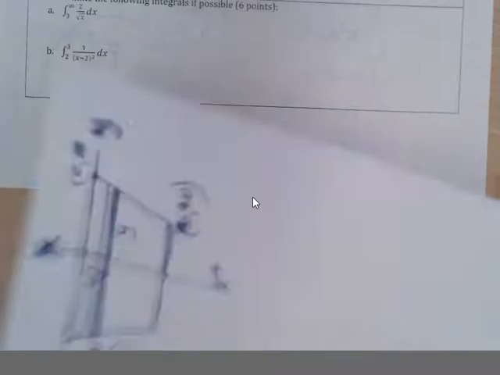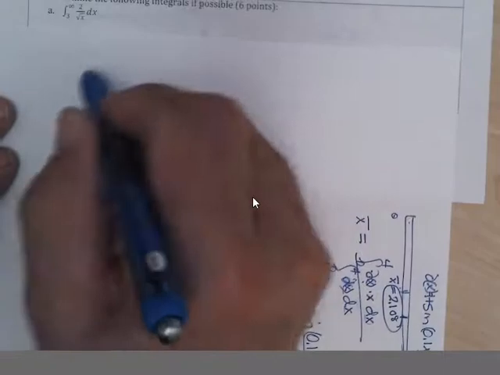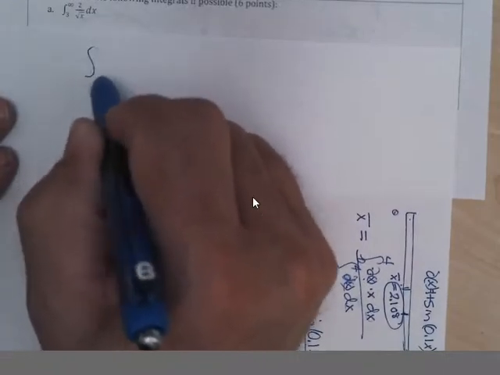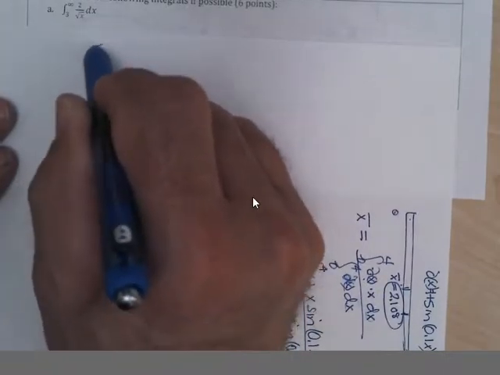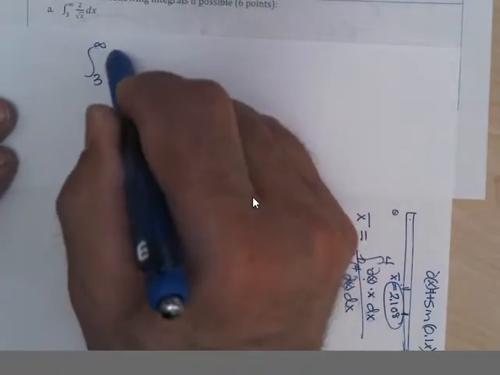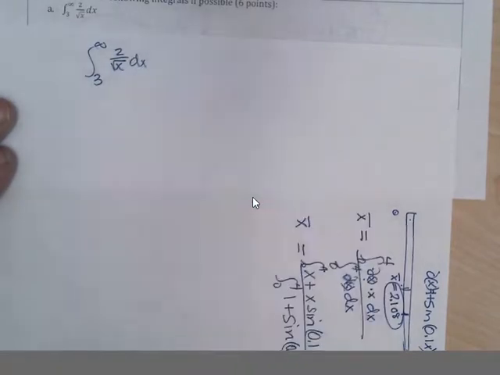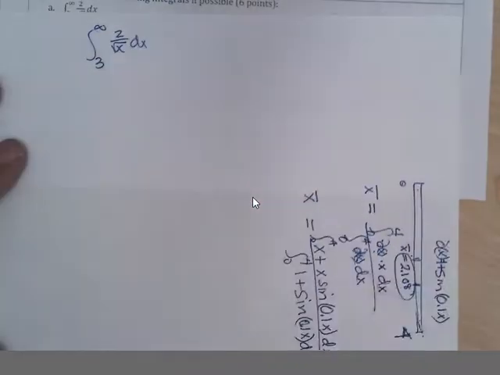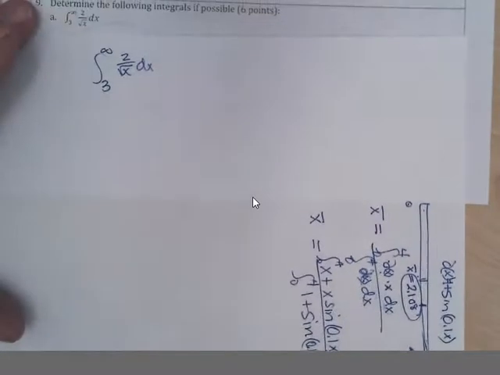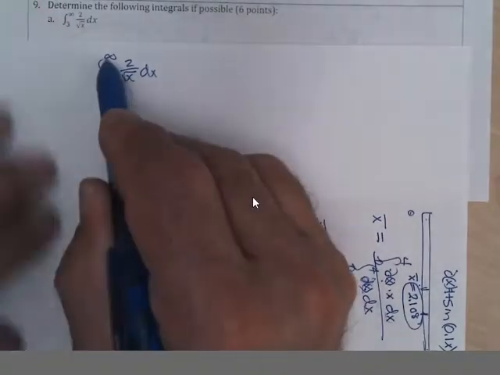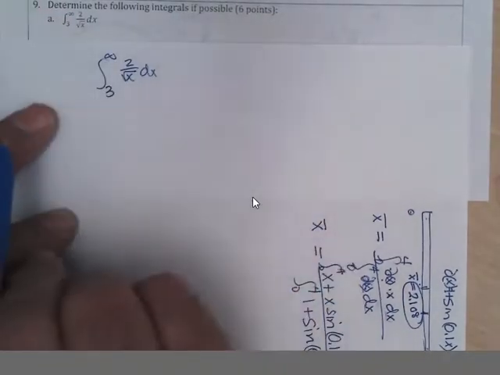All right, and number 9. I'm asking you to determine these if they're possible. The first one is the integral from 3 to infinity of 2 over the square root of x dx. What I'm expecting you to say is, okay, this is an improper integral because of the infinity.